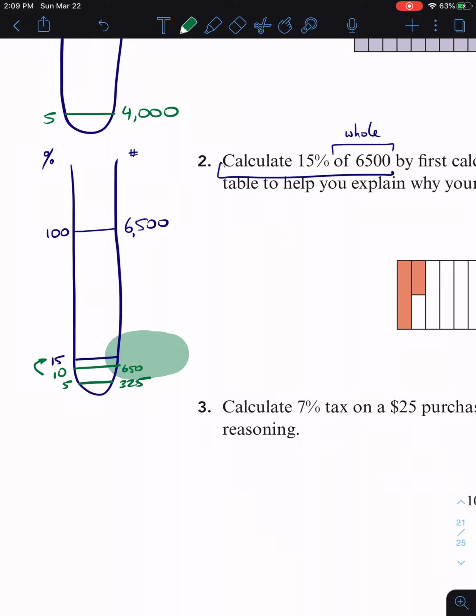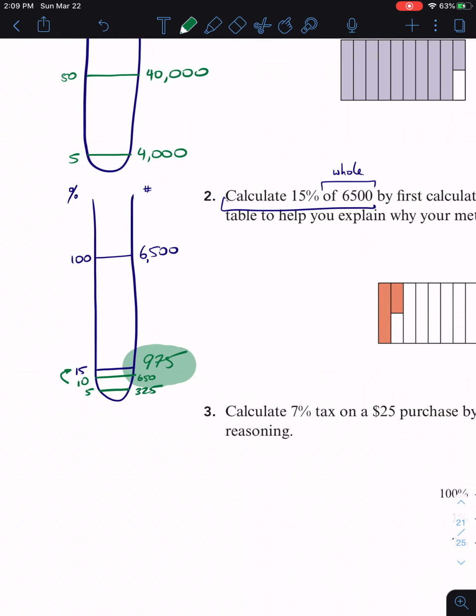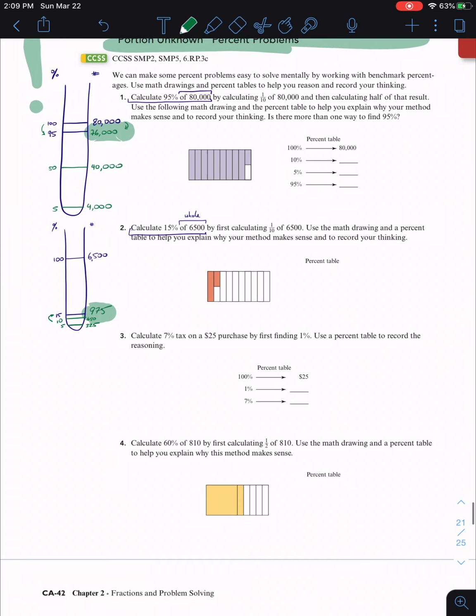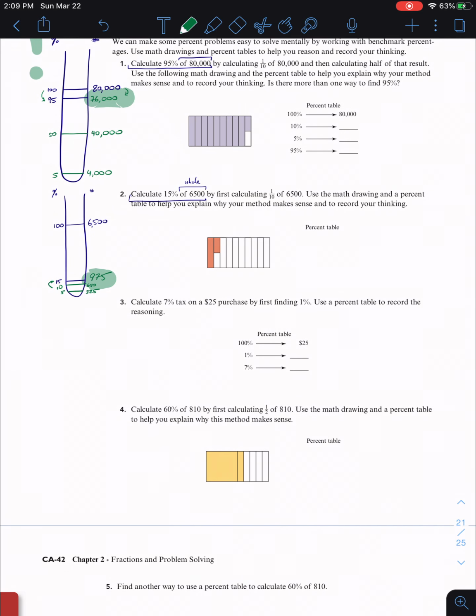So if 10% is 650 and 5% is 325, we could add them to get to 15%, because remember, these are equivalences. So 15% will be 975. Right? So the double number line, or our percent thermometer, is actually working really, really well here.